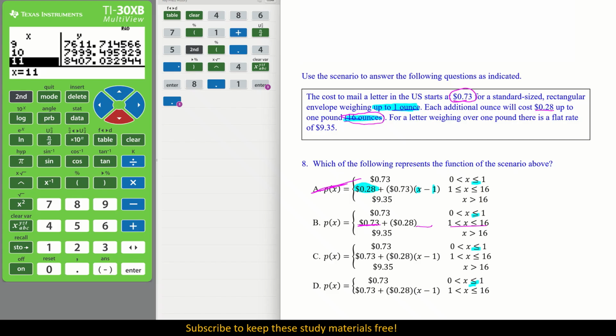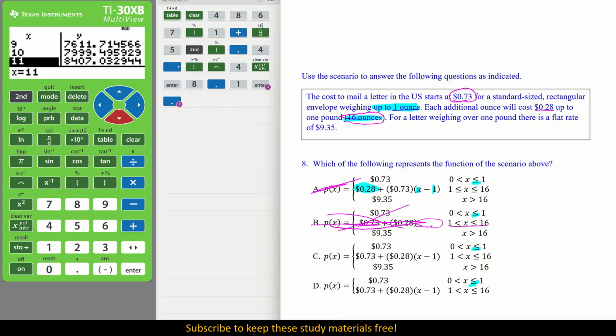Well, it doesn't multiply times anything. That's not what the wording says. It doesn't say 73 cents and then just add 28 cents until it gets to 16 ounces. That's not what the wording says. So I'm not going to buy that. Doesn't make sense to me.